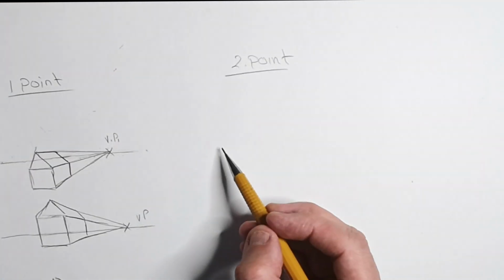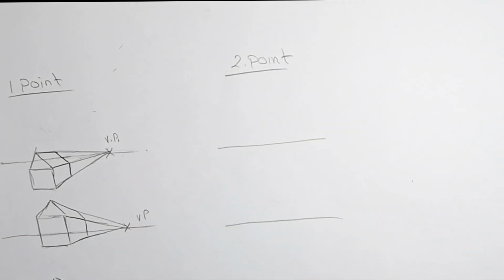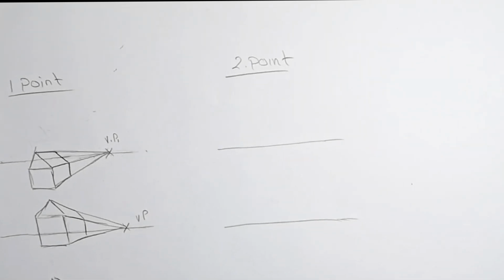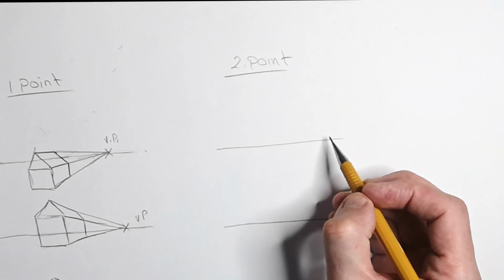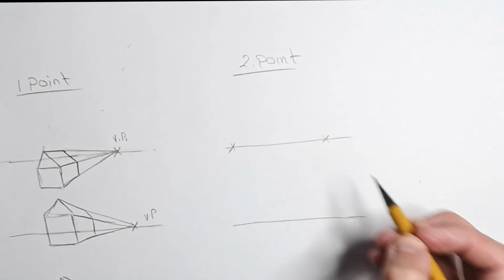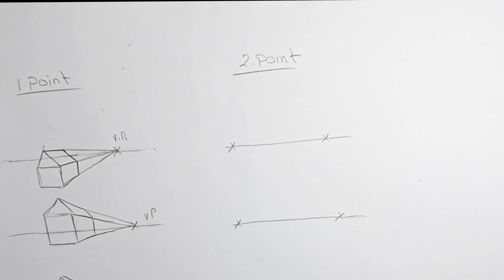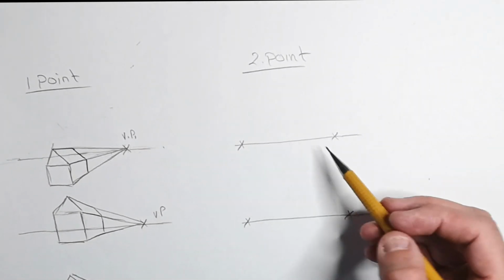Now once again I'm going to do 1, 2, 3 horizon lines, but this time because it's 2 point, now this is where you have like a 3/4 view of a house. So this time we will have 2 vanishing points, so we'll have a point there, point there. Well, we just do that for all three. That's why it's called 2 point. 1 point vanishing, 2 point.